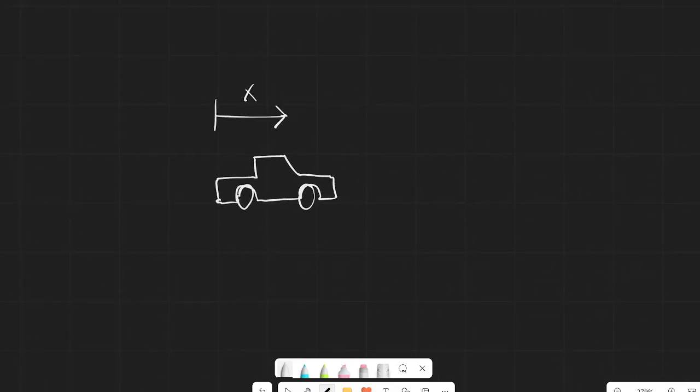So now that we have defined our coordinate system, we can begin talking about different states that this particle can be in. The first one we're going to talk about is at rest. This indicates that the position of the object is not changing.